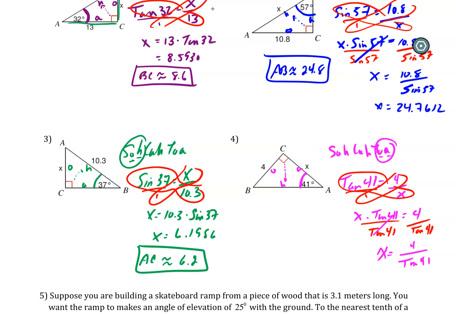If we plug that into the calculator, we're going to get 4.60147, and so on. And again, we only want to the tenth, so approximately 4.6 units for this one.